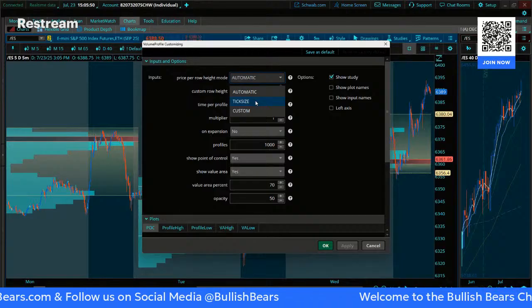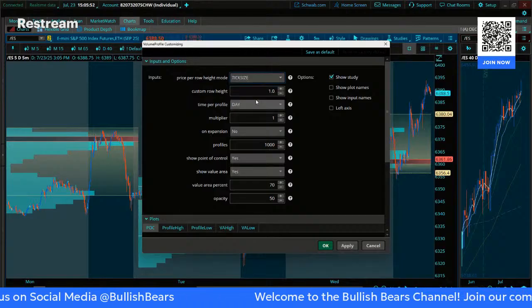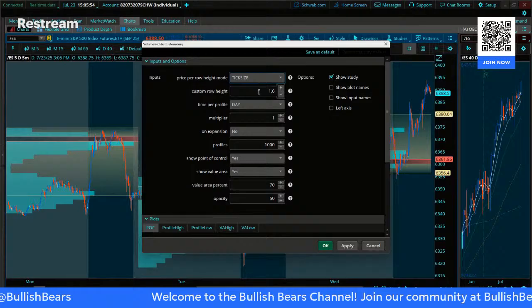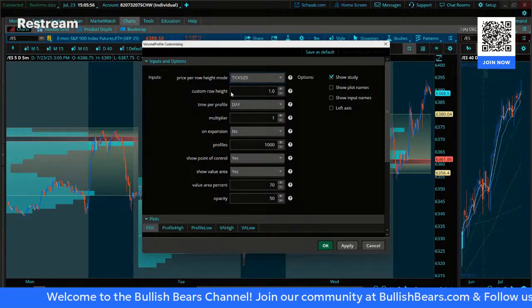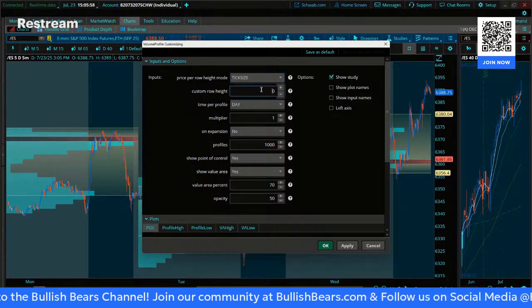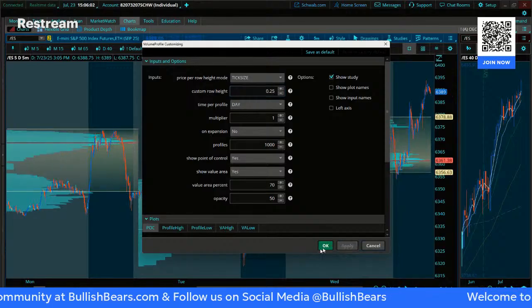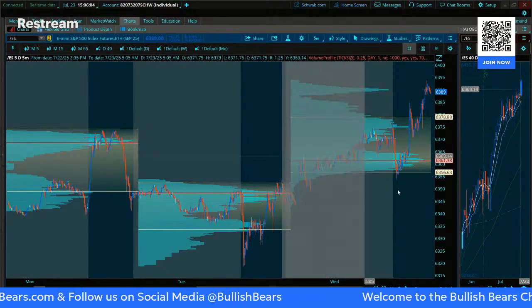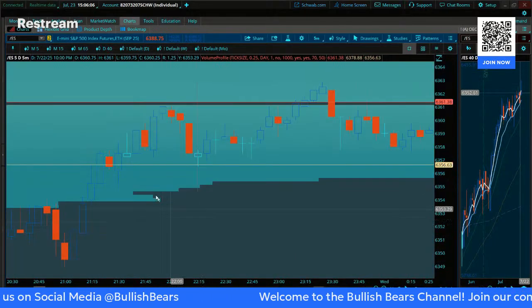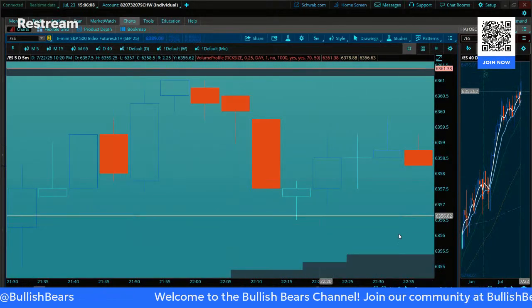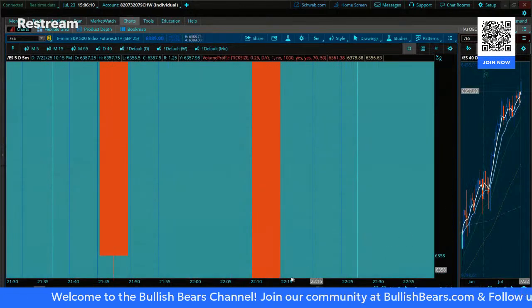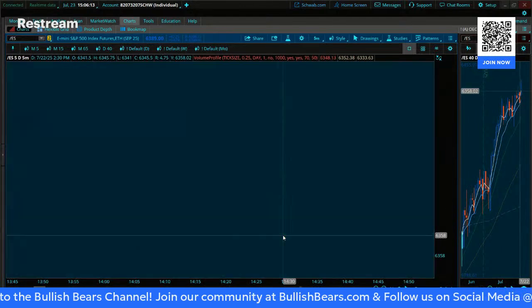We're trading on the ES. It has a tick size. We can use the tick size. And now it's asking, what row height would you want? Try 0.25, see what you get. And we're going to zoom in here until we start to see some numbers so that we can see where that volume is at.